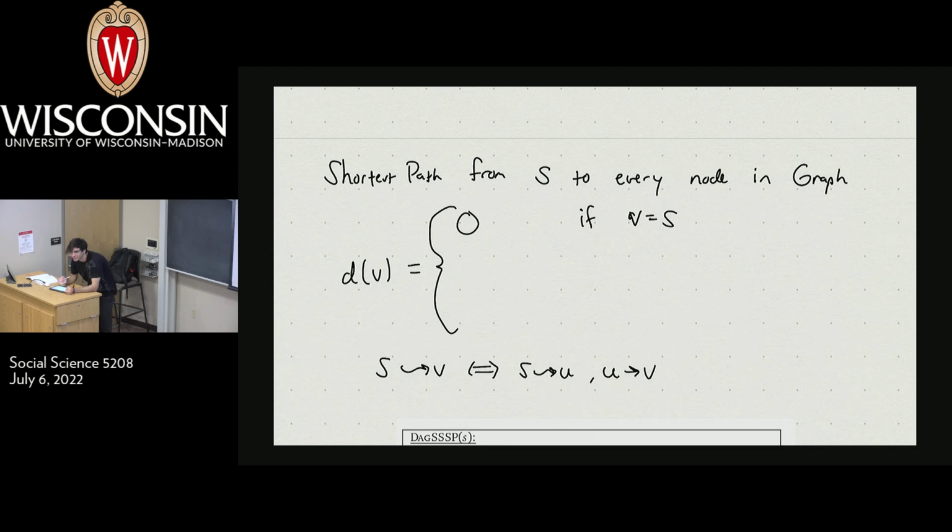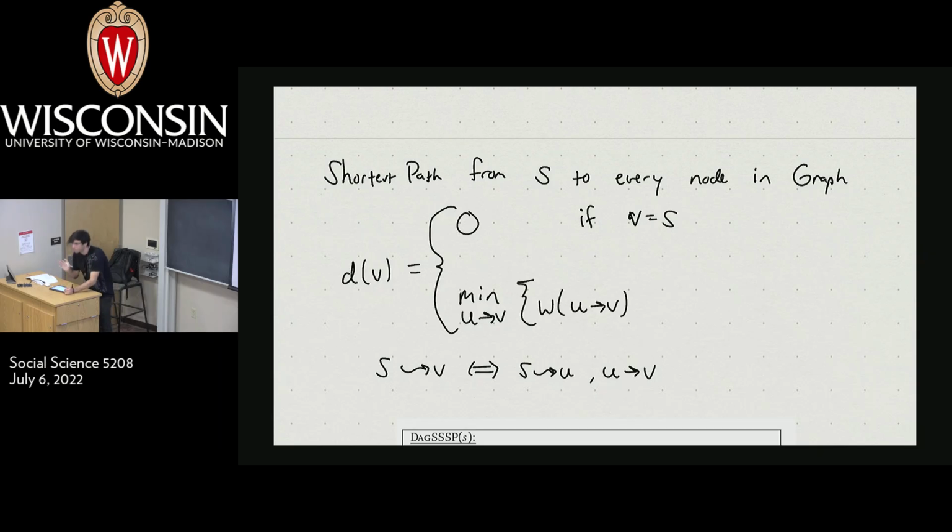I heard it. Someone say it louder. There's another answer. I heard it again. Try them all. We're going to try all the u, okay? So we're going to take the minimum over all u that have an edge to v of the weight of the edge u to v.